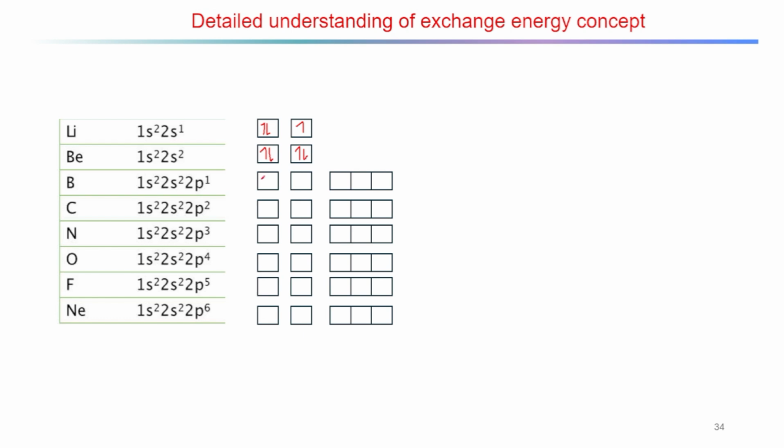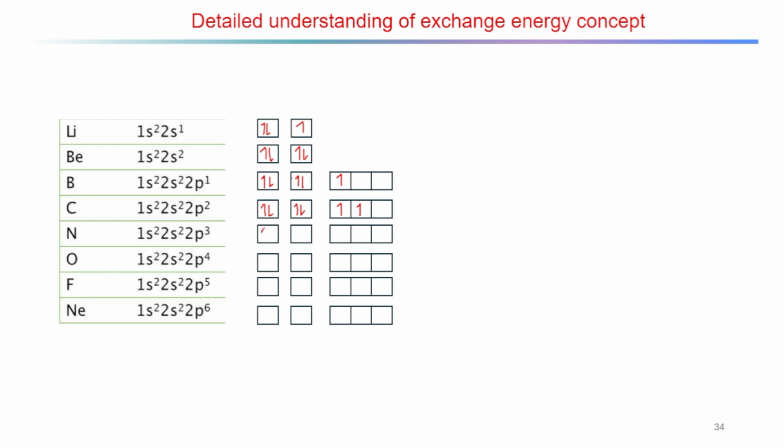Let's see again. In case of boron, we have 1s2, 2s2 and 2p1. In case of carbon, we have 1s2, 2s2 and 2p2. So the next electron will go here.